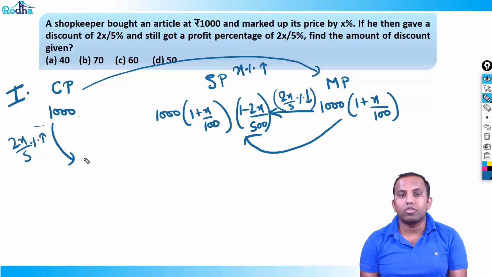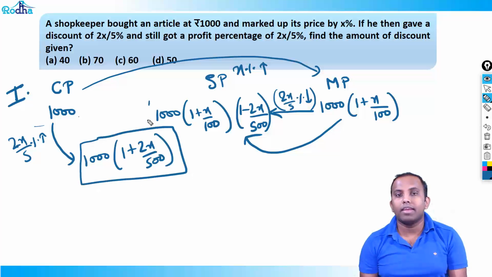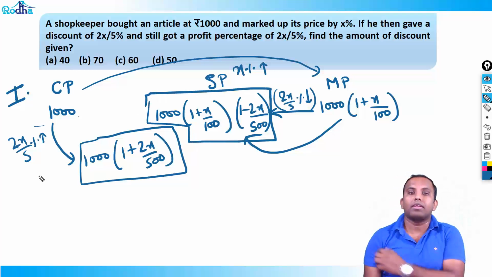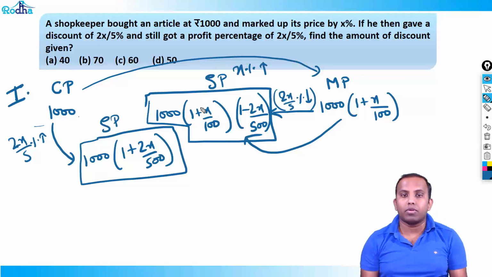That is 1,000 into 1 plus 2x by 500. This is the SP when calculated from CP, and the earlier one is the SP calculated from the marked price. Both are selling price, so both are equal.